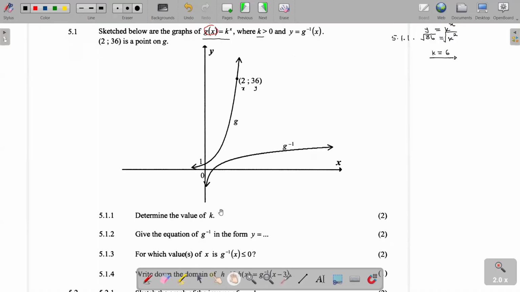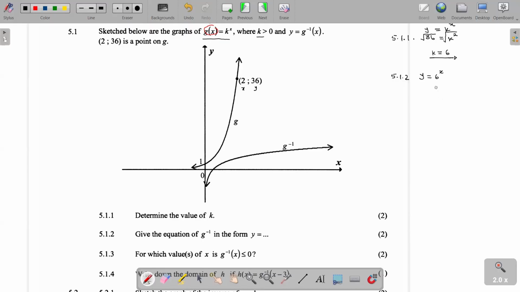So to give the equation of the inverse, we have y equal to, as the equation of the original equation, y is equal to k, which is 6 to the power x. That is question 5.1.2, which needs the equation of the inverse.